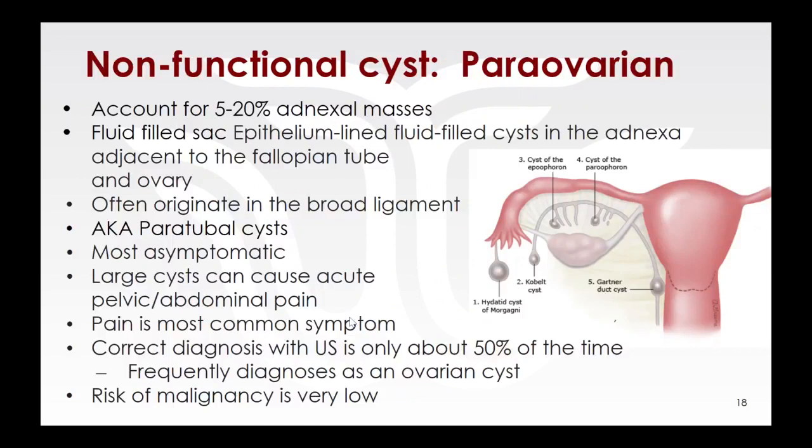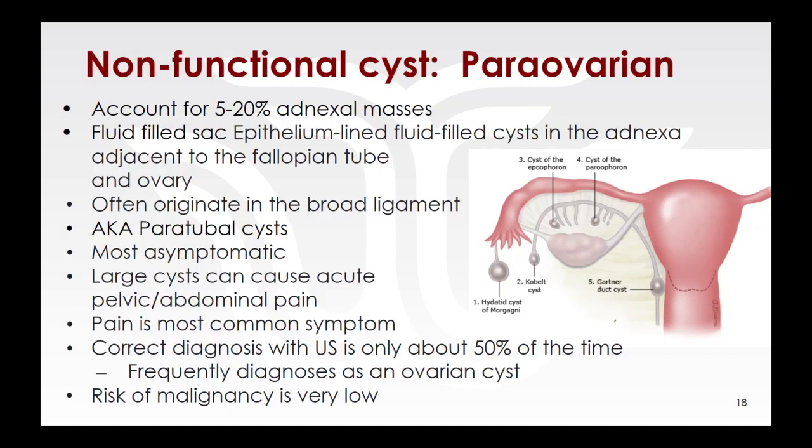Okay, another non-functional adnexal mass is a para-ovarian cyst, and these are about 5 to 20%. And you can see that they're little fluid-filled sacs. They are epithelial-lined cysts out in the adnexa. They can originate in the broad ligament there, so you'll also hear them called paratubal cysts.